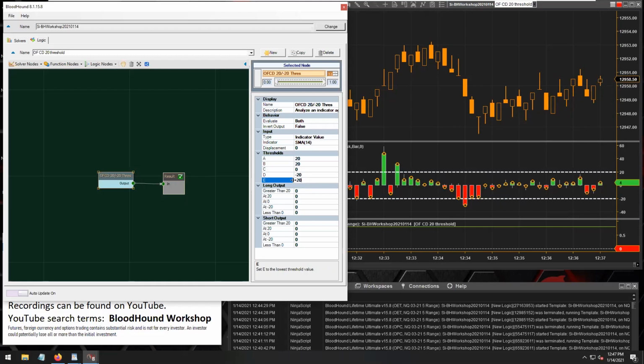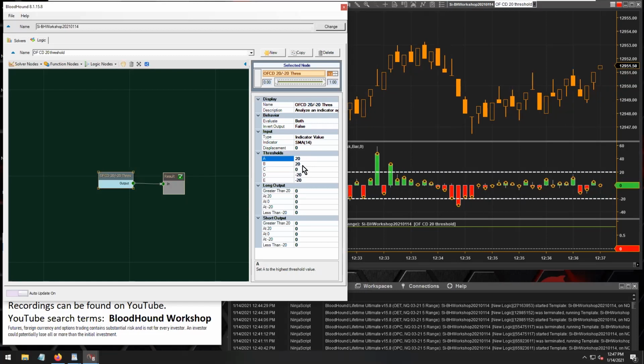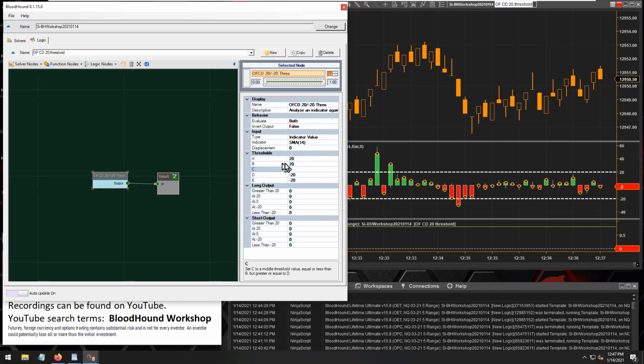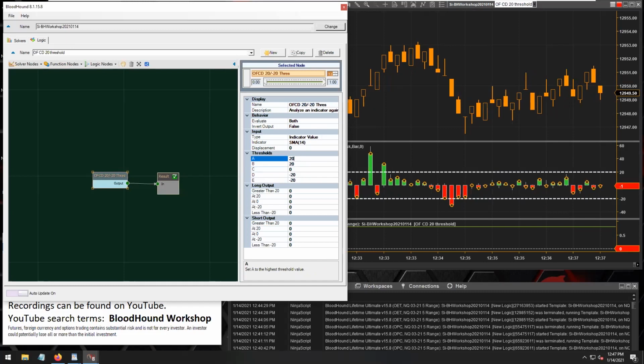With the threshold solver, most people do not want to use BloodHound's fuzzy logic. They just want an absolute signal above 20 or no signal below 20. So just to remove the fuzzy logic calculation, we enter our threshold value twice.